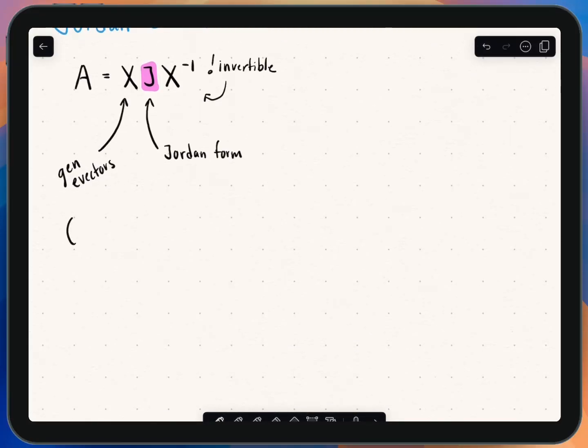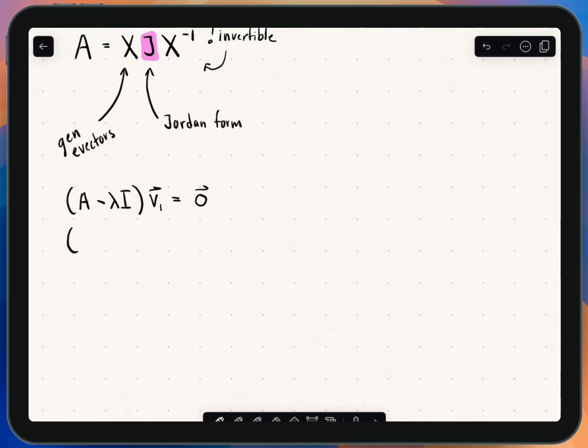So we said that (A minus lambda I) times a real eigenvector, so to say, or our original eigenvector, is just going to be the zero vector.